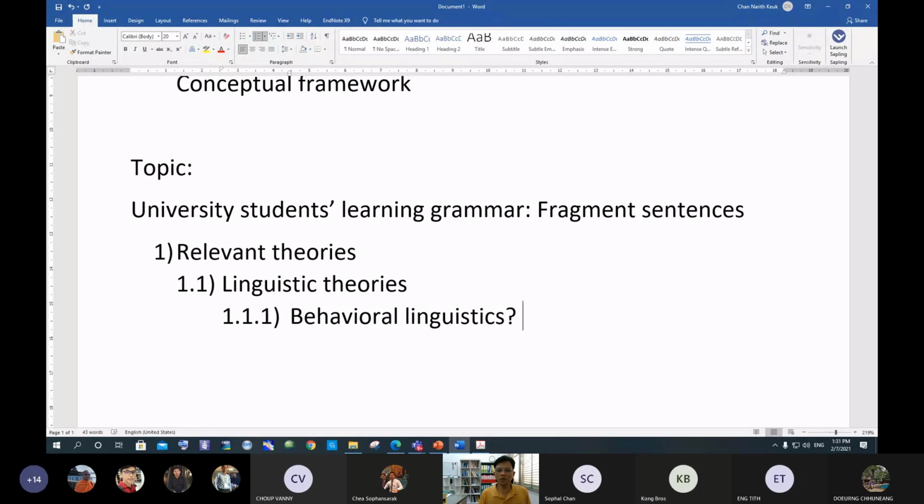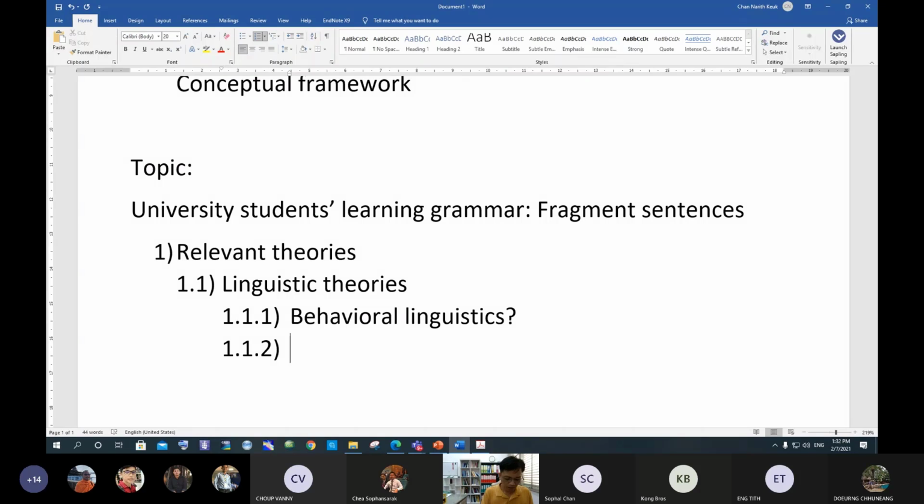So behavioral linguists believe that language is a collection of sound, a sound system. So to learn the language is to learn sound. But such behavioral linguistics may not be compatible with fragment sentences, or it's relevant to fragment sentences, but we need to review them, okay?